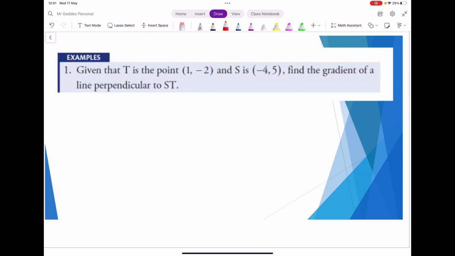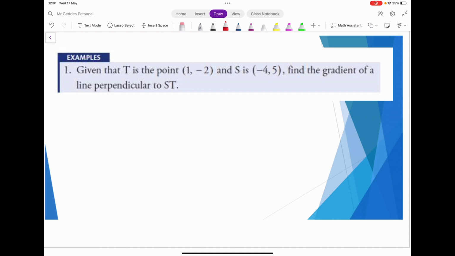Okay, the first example that we're going to have a look at is this one. Really simple skill. We'll find the gradient between T and S, and then we're going to find the line perpendicular to ST, and we'll use this perping skill.